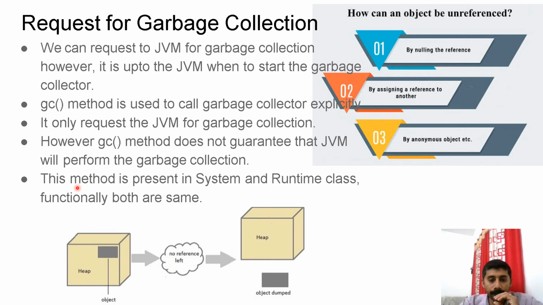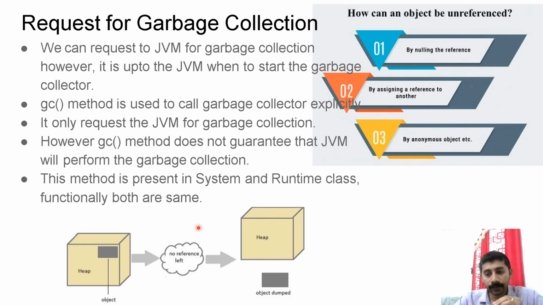This gc method is present in two classes, System and Runtime. The functionality of both is the same. So using the gc method, your program can make an explicit request to perform the cleanup, but it is not guaranteed. The JVM will decide when to do the cleanup.